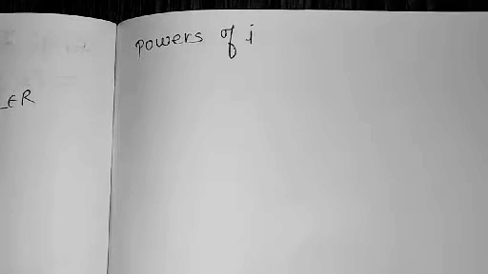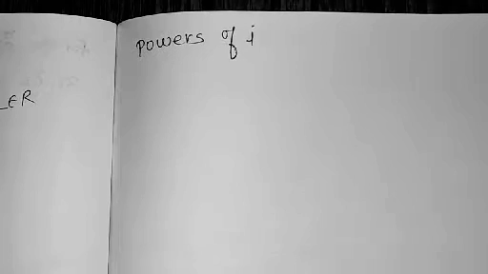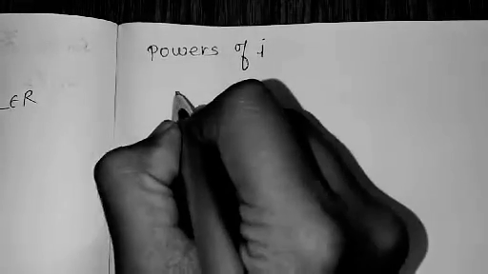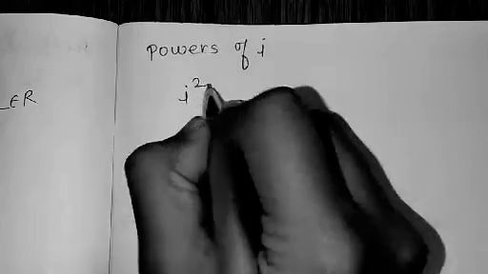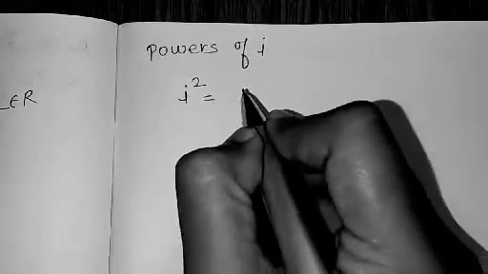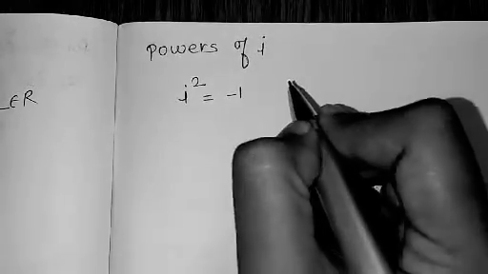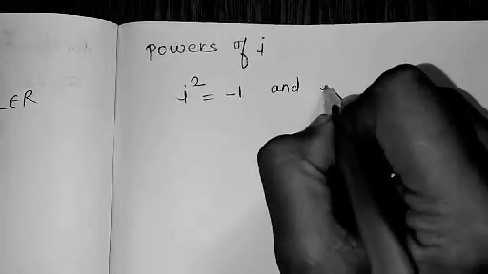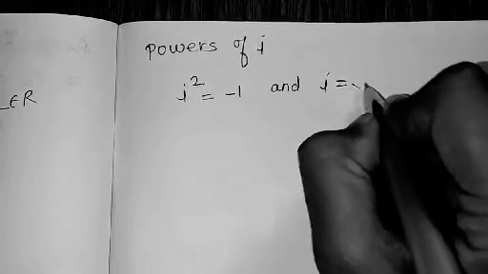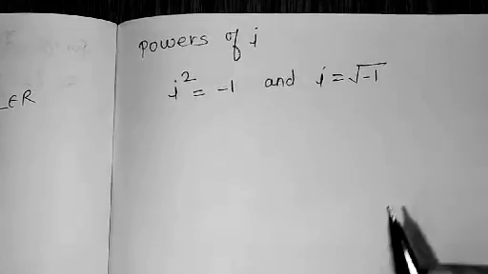Now our next concept is powers of iota. In powers of iota, we know that the value of iota square is minus 1, and iota is equal to square root of minus 1.